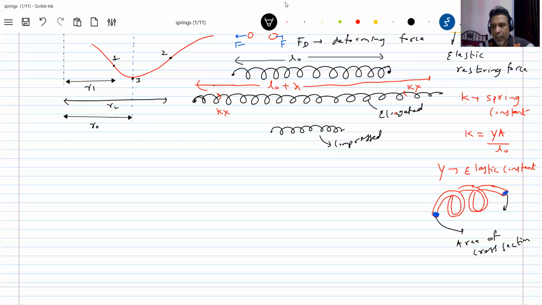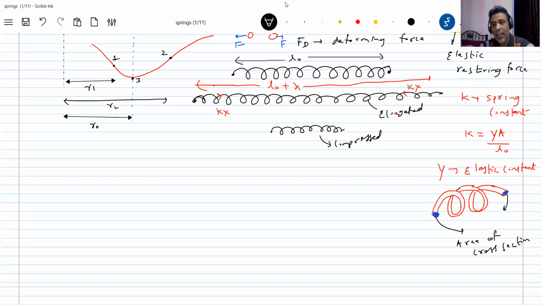And Y is the material. For different materials, the value of Y will be different. So if you pick up any spring, what will be the material? If the spring is made up of aluminum, Y will be the same. Area of cross section is the thickness of the wire which makes the spring.